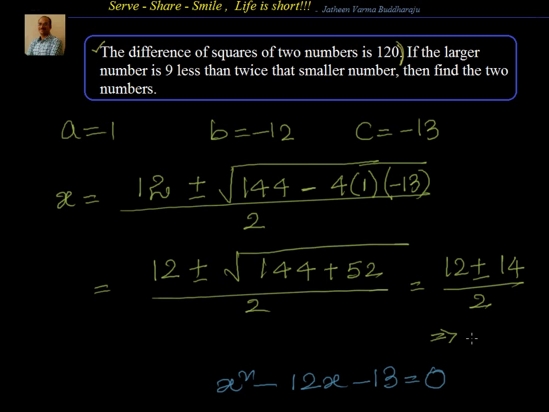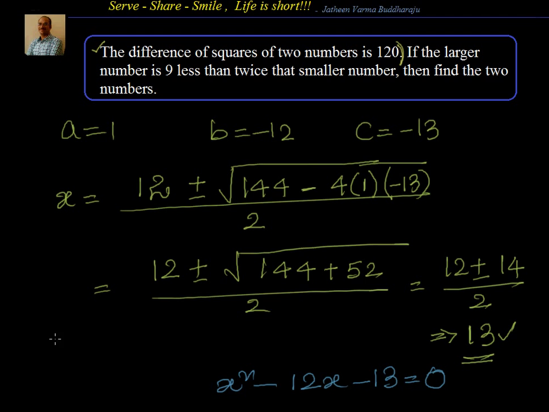So 12 plus 14 by 2 is nothing but 13. So the smaller number x is equal to 13.